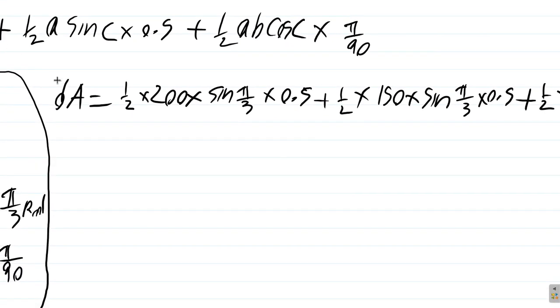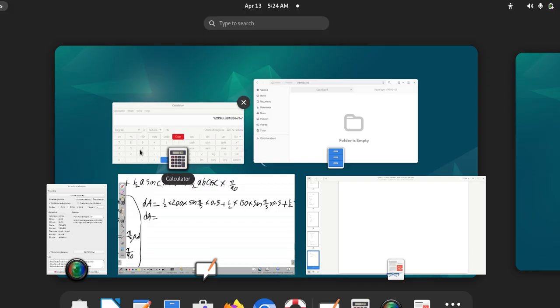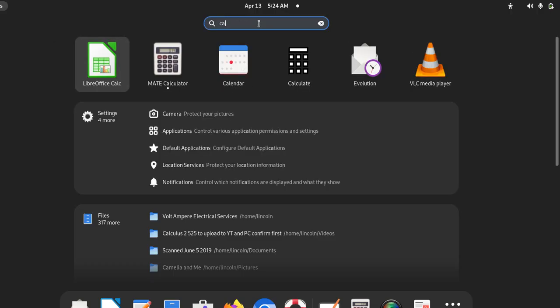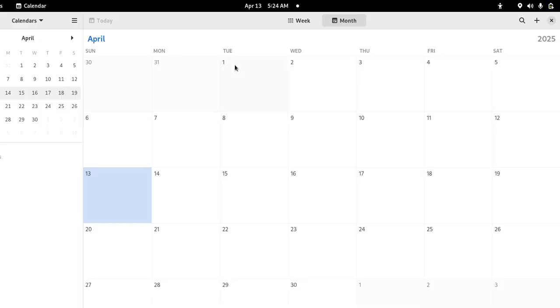Now, this dA is equal to, we're going to do calculations now. Let's get, I have that calculator, but I think there's another calculator that I might use because oh, this is calendar.